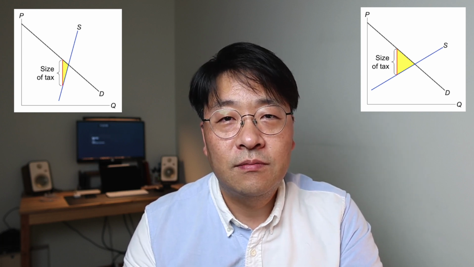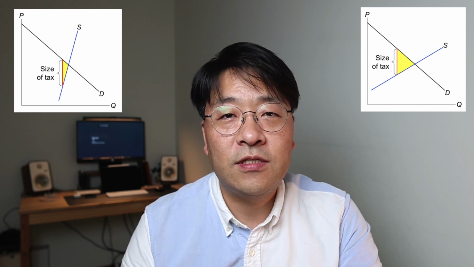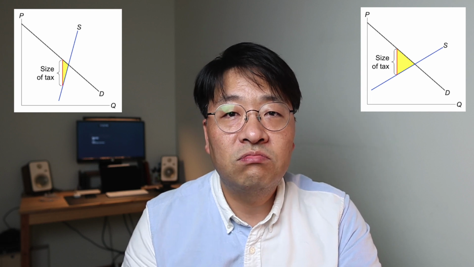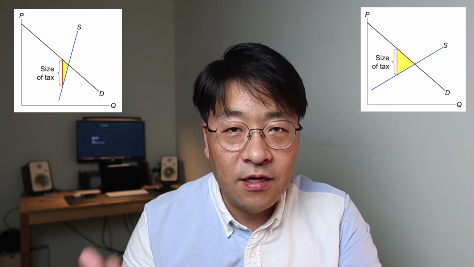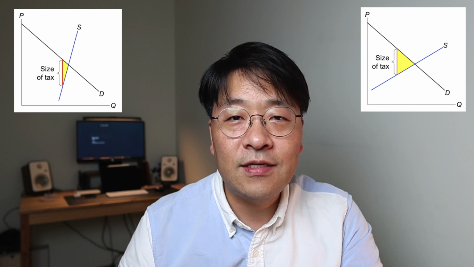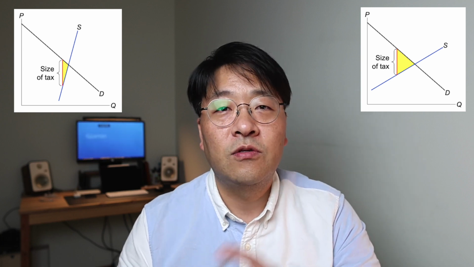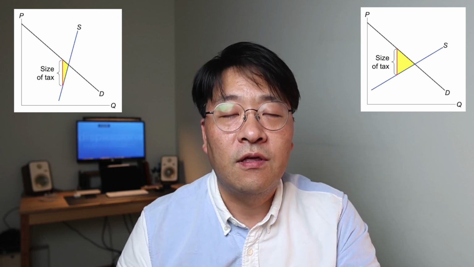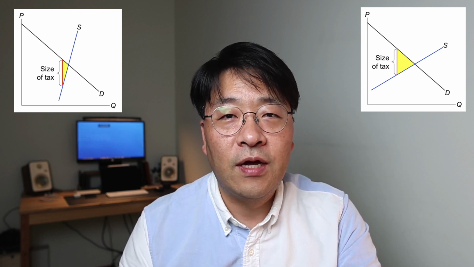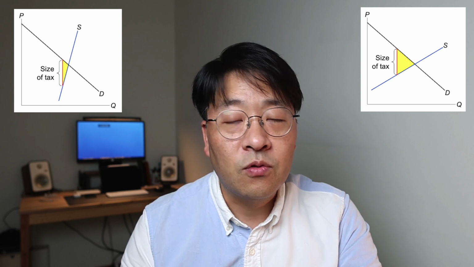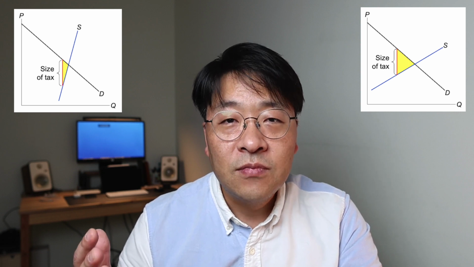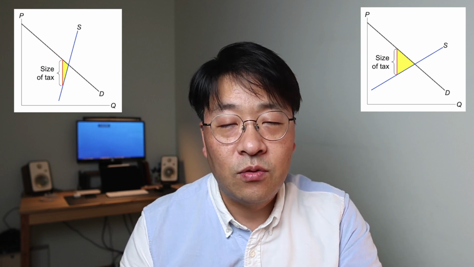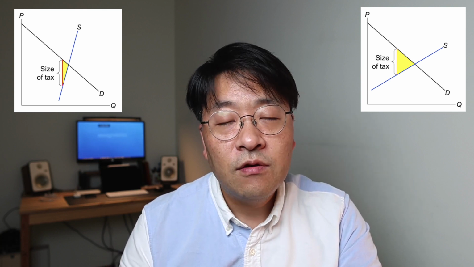Let's move on to the demand side. It's intuitive, right? The demand curve is inelastic relative to elastic cases. You can see those two graphs and compare the area of the yellow triangle. In the more elastic demand case, deadweight loss is bigger.